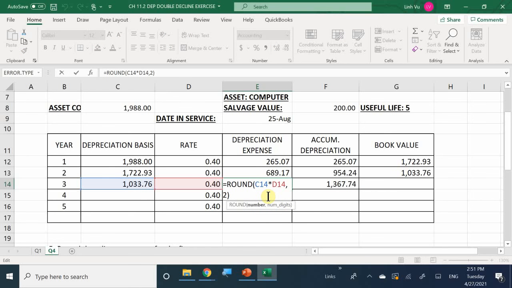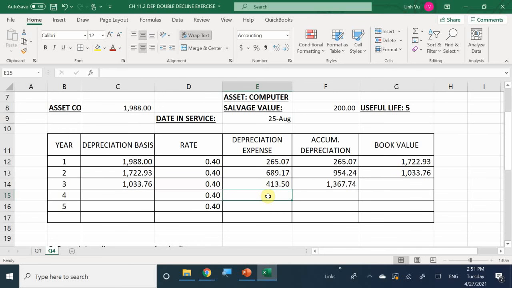And if you just did a straight formula where you just typed in the depreciation basis times the rate, then most likely this is probably 413.497, yada, yada, yada. Like I said, if you want to, you could type in your answers.